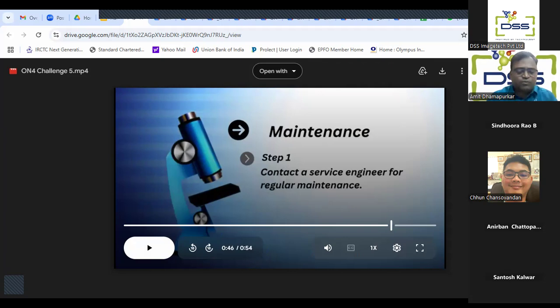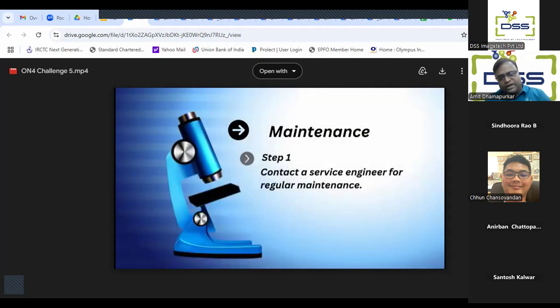For this, the step one as a crucial step is you have to contact the DSS service person because he's a trained engineer. He can do the servicing and he can do the greasing as well.